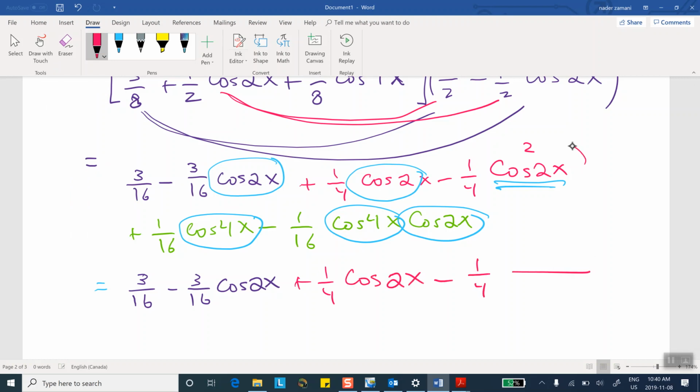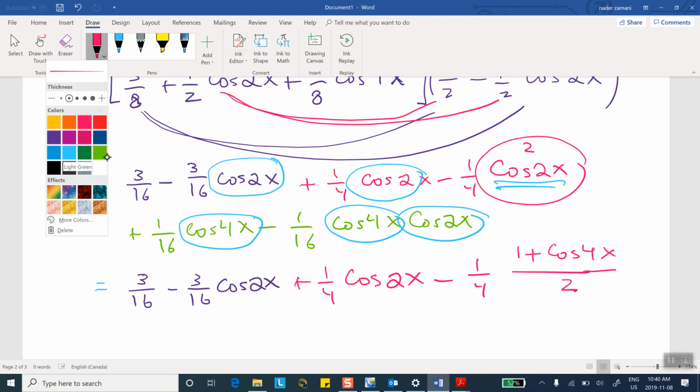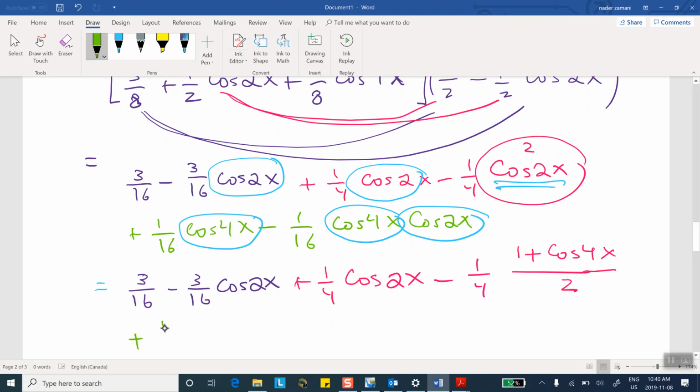The only thing I've done is use the double angle formula to get rid of this, so it's going to be 1 plus cosine of 4x divided by 2. And then the rest I just write: plus 1 over 16 cosine of 4x minus 1 over 16 cosine of 4x cosine of 2x.